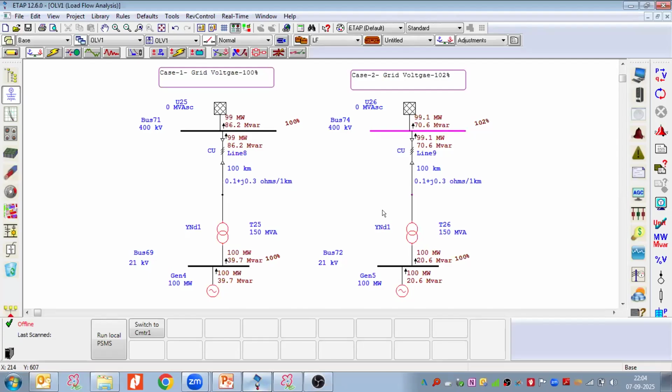You can see here, in order to support the system and maintain the grid, the generator output voltage is 100%. Now if my grid voltage changes from 100 to 102%, the generator reactive power changes from 39.7 MVAR to 20.6 MVAR, and they are still maintaining their terminal voltage at 100%.